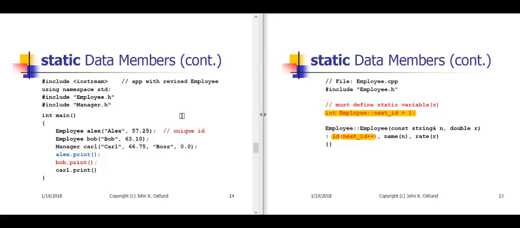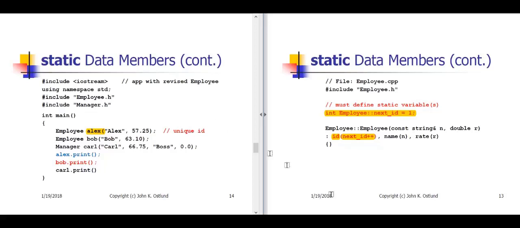Then when the main function is called, we have an employee object Alex that we're constructing with Alex as the initial name and 57.25 as the initial rate.